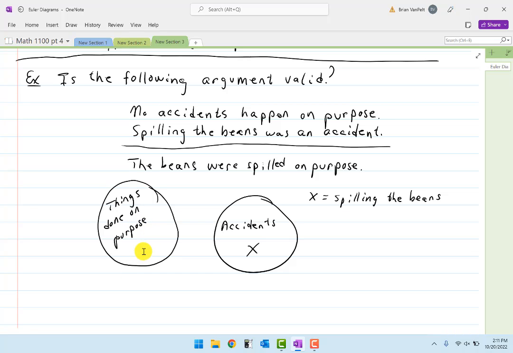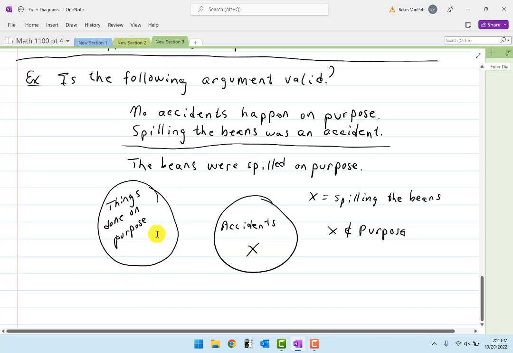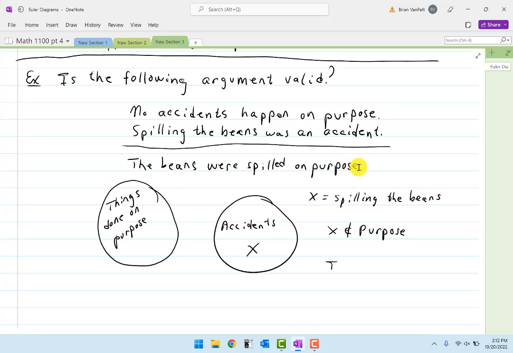So because of that, since X is not part of the actions on purpose, this does not follow. What I need is for X to be inside of there because I'm accusing this person of doing something on purpose.